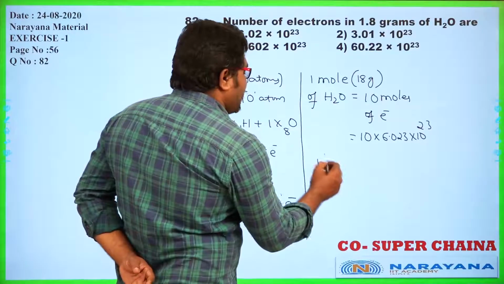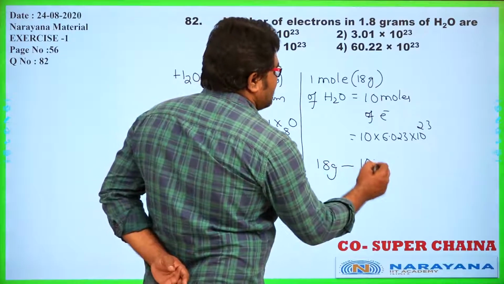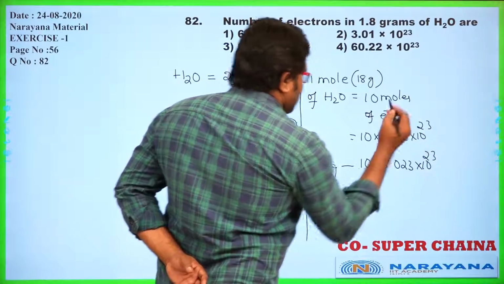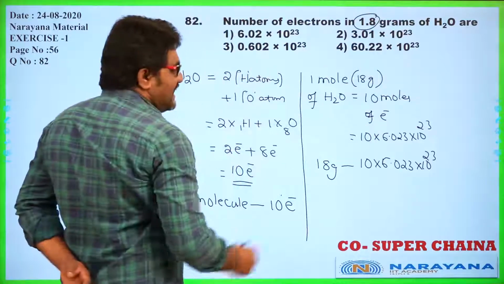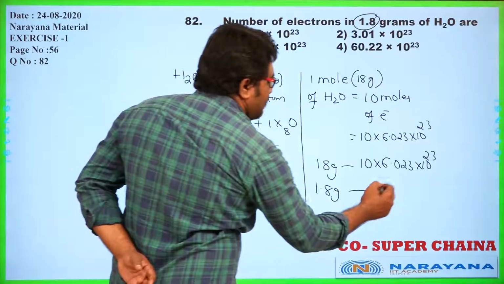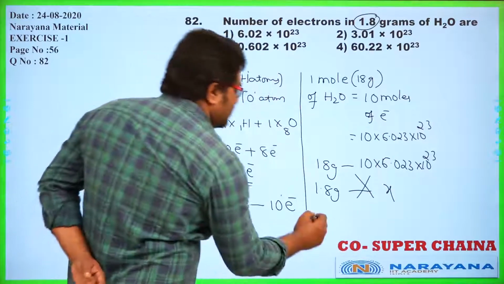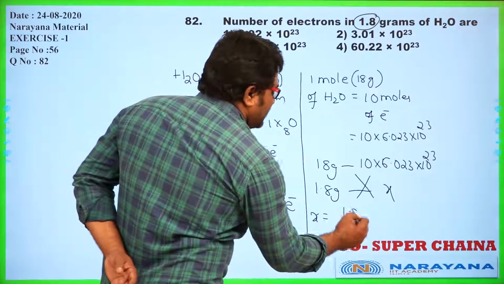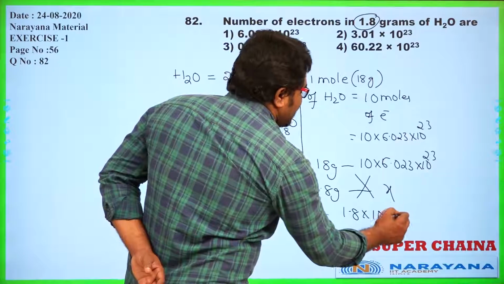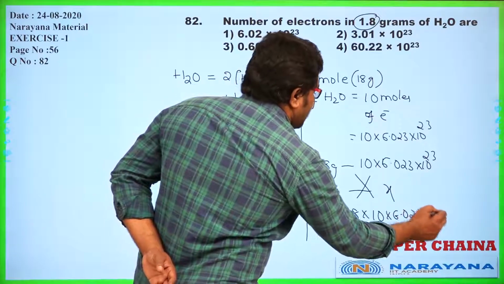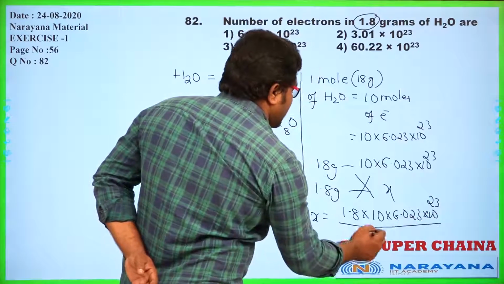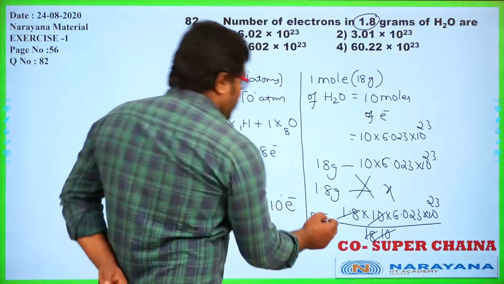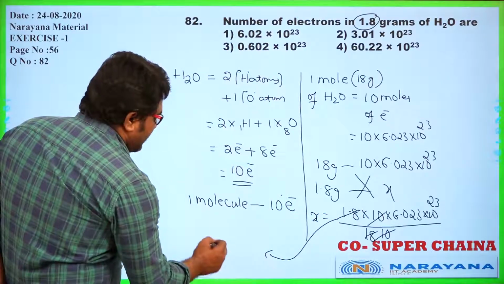So if the weight of water is 18 grams, then total number of electrons is 10 into 6.023 into 10 power 23. But how much weight of water has he considered here? 1.8 grams. So if it is 1.8 grams, how many electrons are there? Let it be X. X is equal to 1.8 into 10 into 6.023 into 10 power 23 divided by 18. 10 is cancelled. So ultimately, how many electrons do we have? Only Avogadro number.